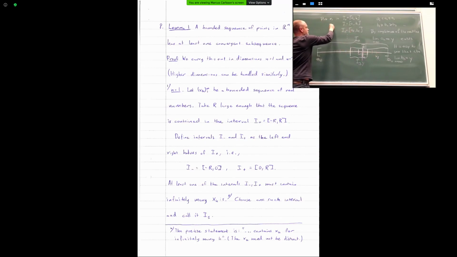Then we can pick x7 in I1. And then like this, maybe x15 is in I2 and so on, right? So like this, it evolves a subsequence easily by just picking one guy in each of our intervals. So this process of picking gives us the subsequence.